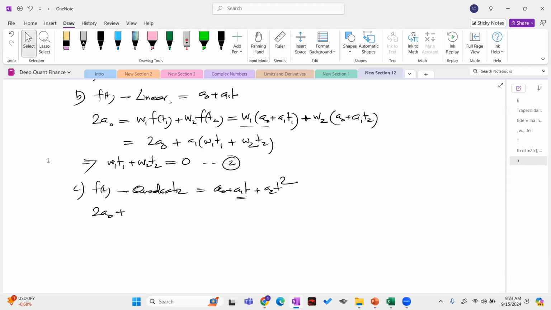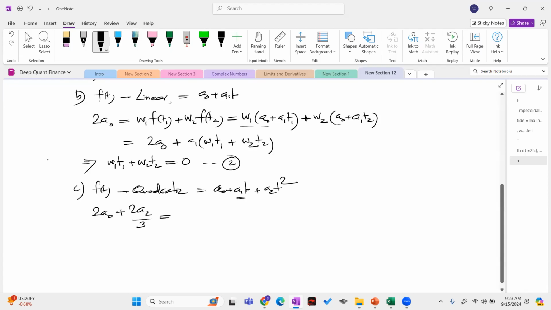Try it out, guys. It's very simple. Two a2 by 3. You forgot the 3. There will be 1 by 3, right? t cube by 3. So 1/3. That will come out, 2a2 by 3. Okay.